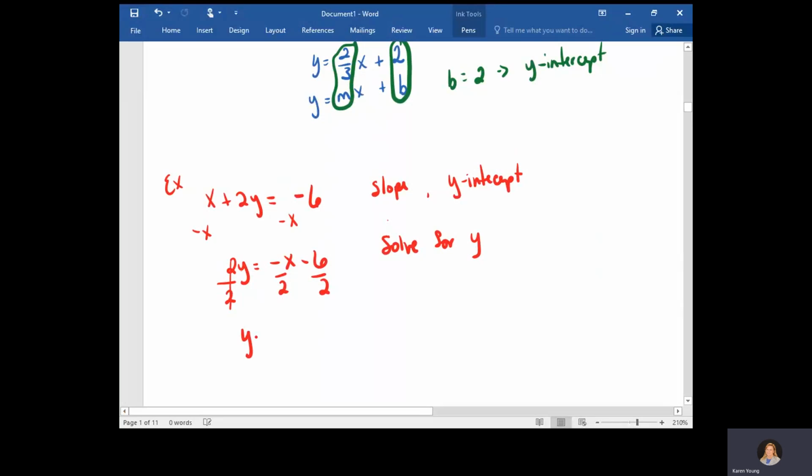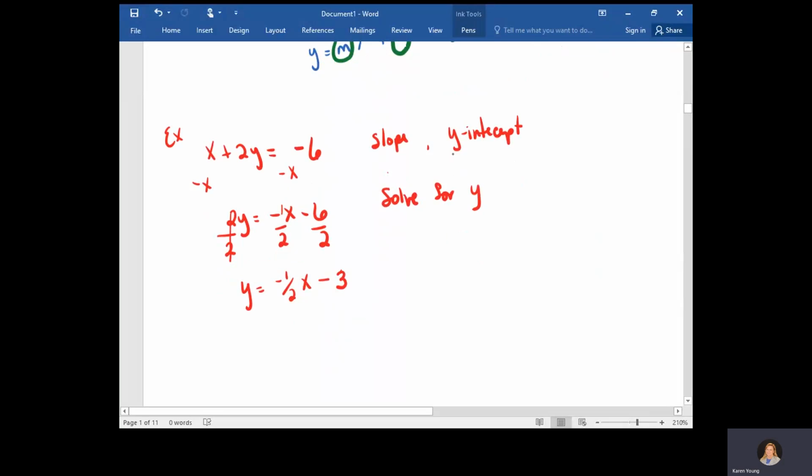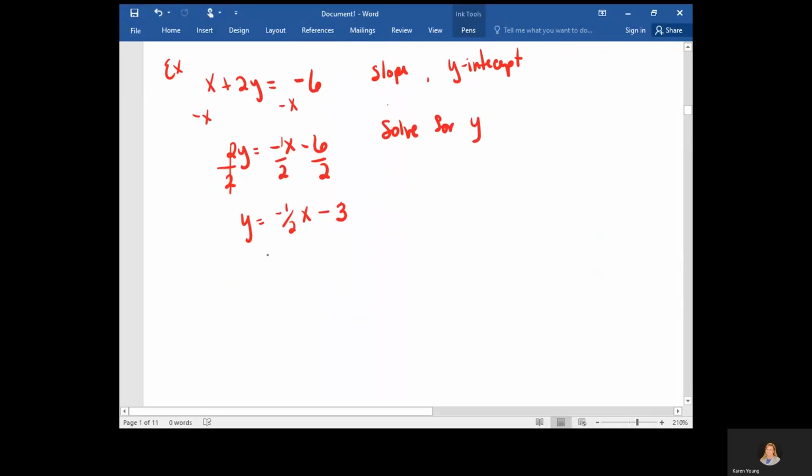Those cancel. So I get y equals, now if there's not a number with x, remember there's always that understood 1. So -1/2 x. 6 divided by 2 is 3. So -3. And I'm going to compare it to my y equals mx plus b.